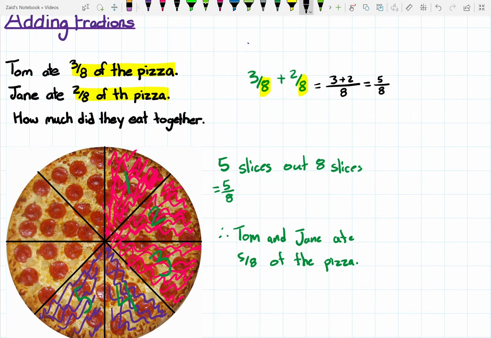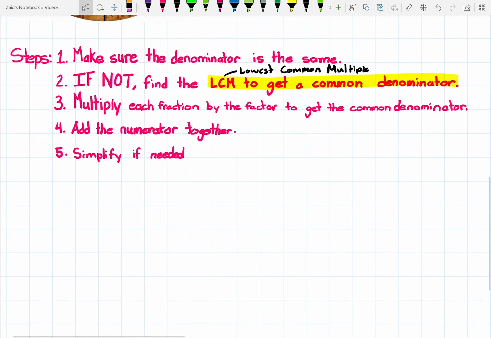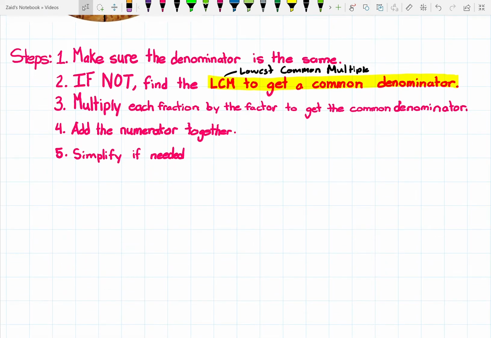Now let's do another example with different denominators. Let's do 3/4 plus 1/3. I know that our lowest common multiple is found by doing this chart, or this method.